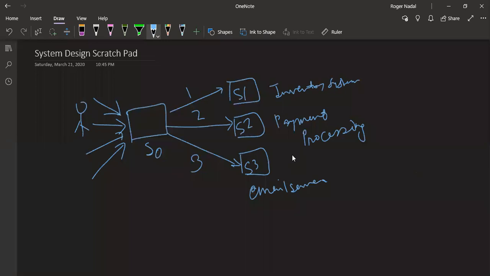Because if a thread is blocked when you send out a call to S1, the inventory system, let's say it's a database call on a huge relational database, it might return the result in 1.2 seconds or so, more than 1 second. You don't want to block your thread waiting for the result. That's where the non-blocking paradigm comes in, based on the future or completable future.